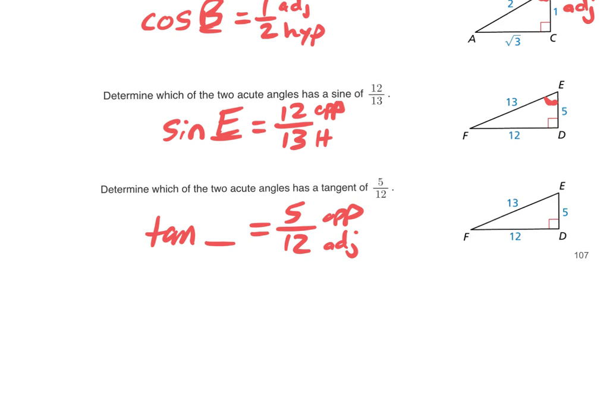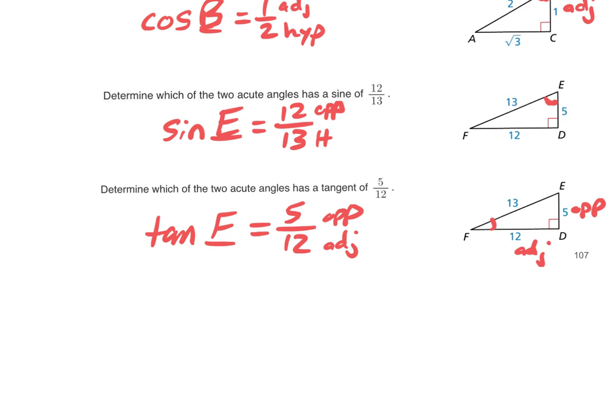So if I just went to E, what would be opposite of E? 12, okay? So if I did opposite over adjacent, that would be 12 over 5. So E doesn't work, right? If I went down here to F, this would be opposite, this would be adjacent. If you want to label them, you could. This would be opposite, and this would be adjacent. And so it would be from angle F.